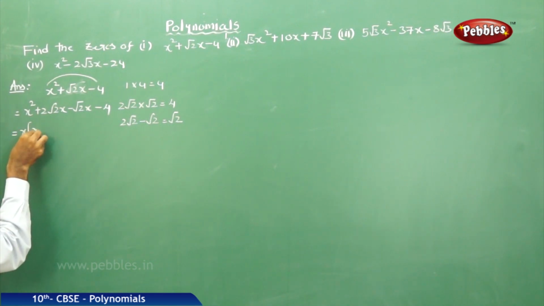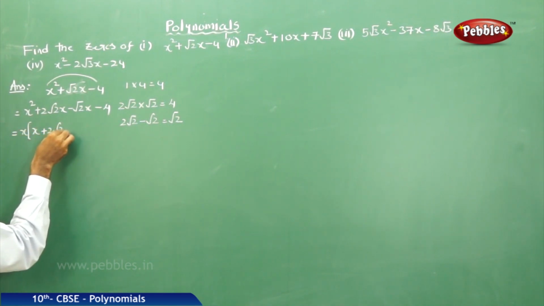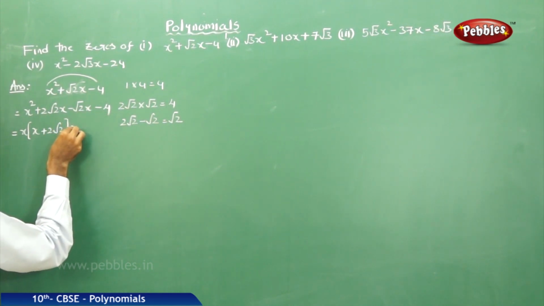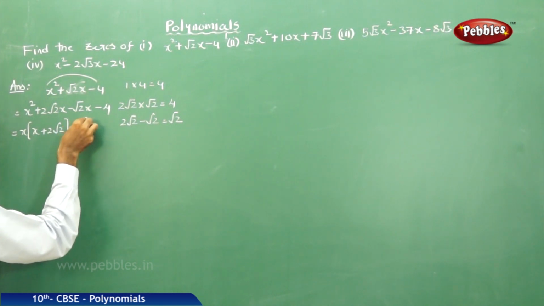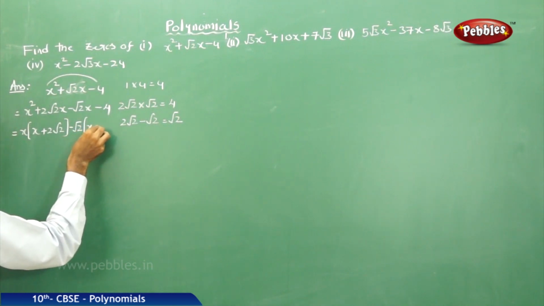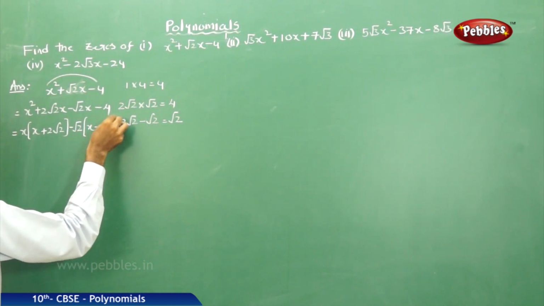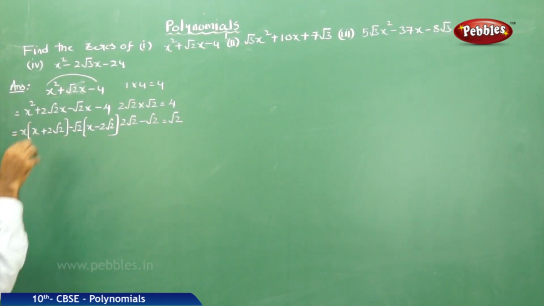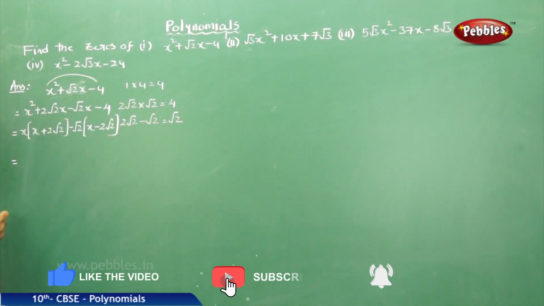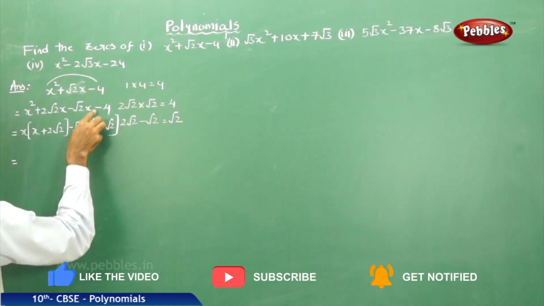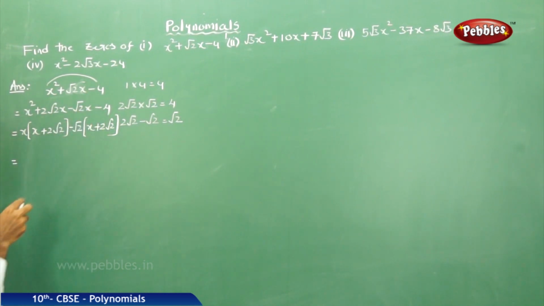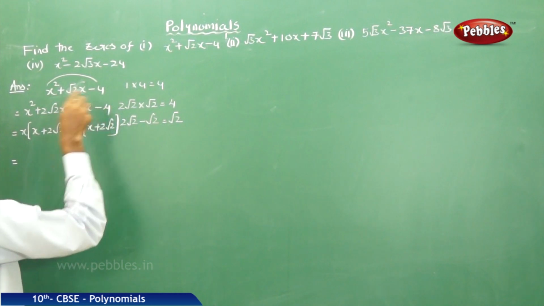If you take x common, x plus 2 root 2. Now from these two, what you have to take common is minus root 2. If you take minus root 2 common, x minus 2 root 2 left. Now let us check: root 2 into x, root 2x, minus into minus plus, root 2 into 2 root 2, 2 2's are 4.